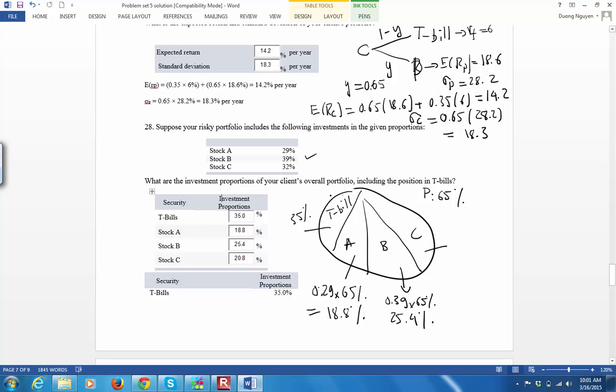The proportion of stock C in portfolio P is 0.32, times 65%, and this is equal to 20.8%. So this is your overall portfolio: 35% in T-bill, 18.8 in A, 25.4 in B, and 20.8 in C, and the sum of A, B, and C is equal to 65%.